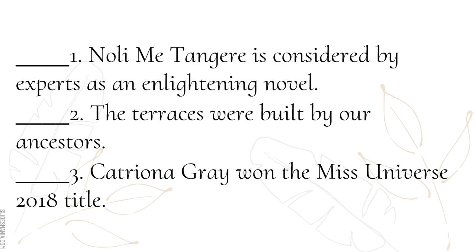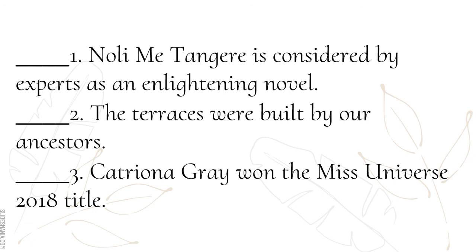So if you're going to look back to your definition or to the characteristics of the passive voice, it says here that passive voice uses the word or the preposition by. So therefore, item number 1 is in passive voice.